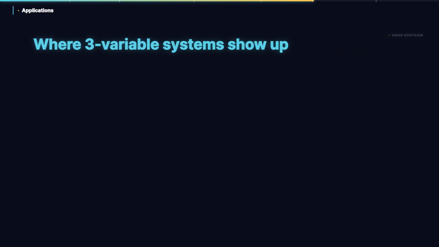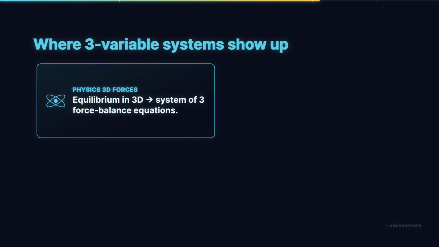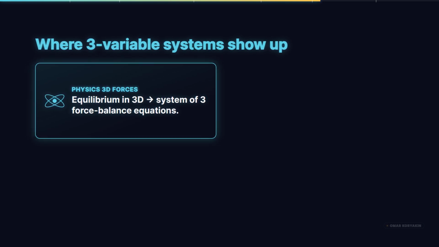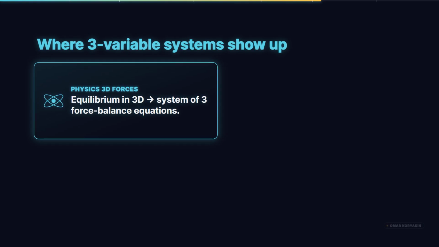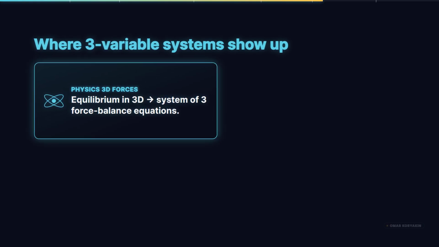3-variable systems appear constantly in 3-dimensional physics, chemistry, stoichiometry, color analysis, and any modeling problem with 3 balanced quantities. 4 broad sectors below. In physics, the equilibrium of a 3-dimensional rigid body under multiple forces produces a system of 3 equations expressing that the net force in each spatial direction x, y, and z is 0.